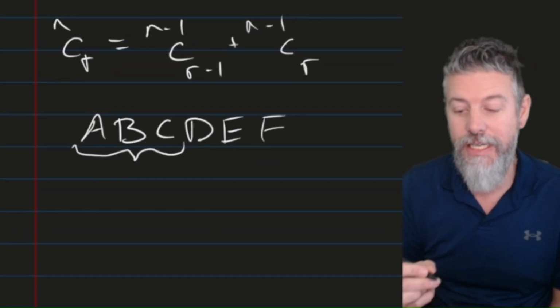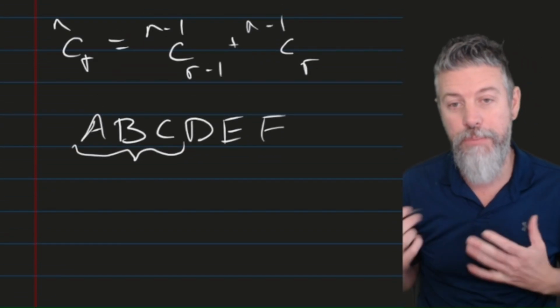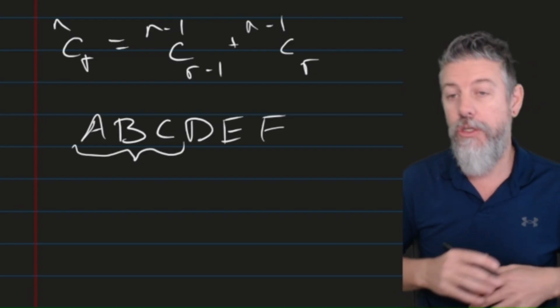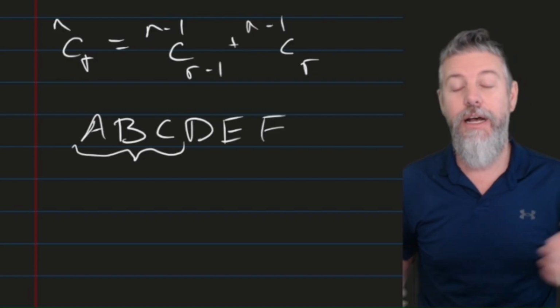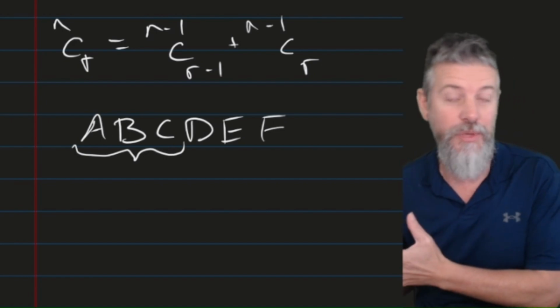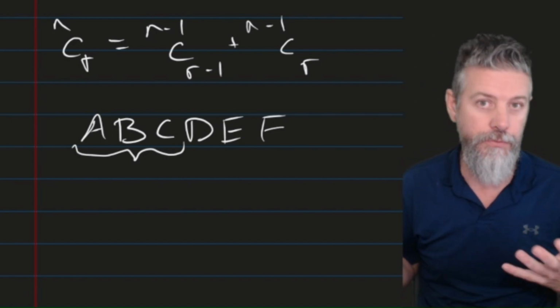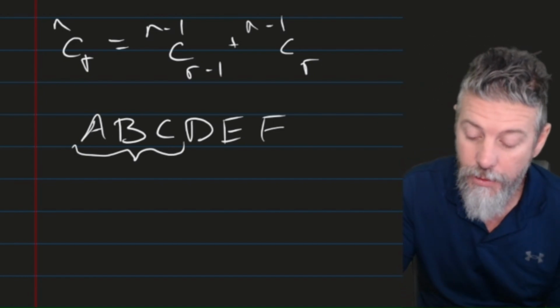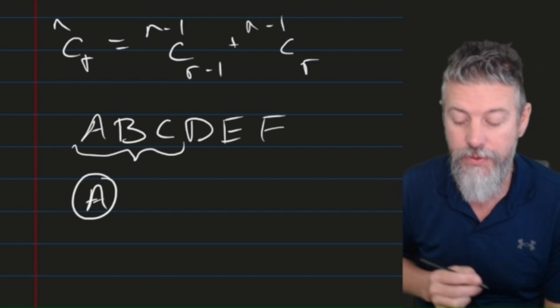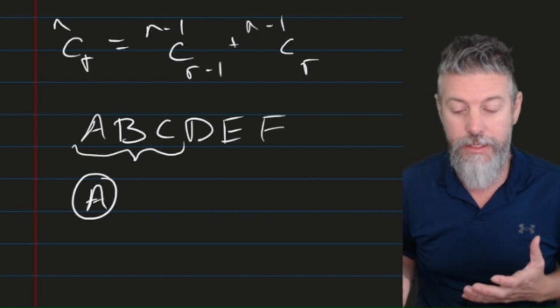It can result in a case where you either pick A in the team or you don't pick A in the team. So all of the combinations are either picking A in the team or not picking A in the team. So let's look at the first situation. Let's say we do pick A in the team.